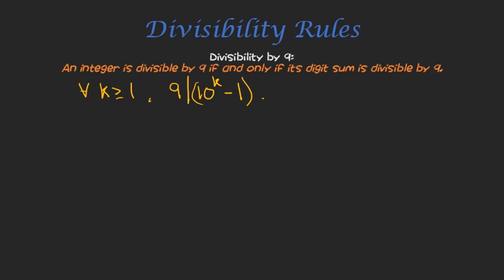So maybe if I make a little table up here of k and 10 to the k minus 1. If k is 1, we're looking at 9. If k is 2, we're looking at 99. If k is 3, we're looking at 999. If k is 4, we're looking at 9,999.